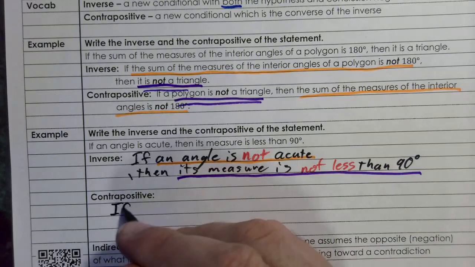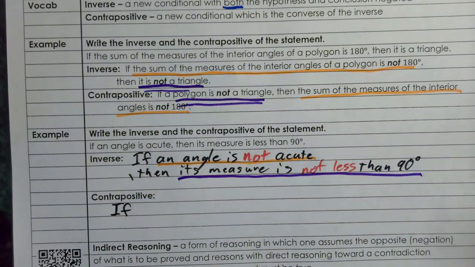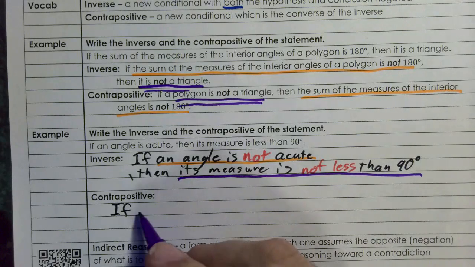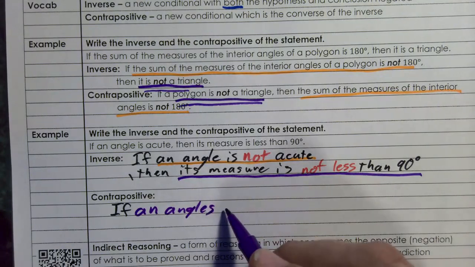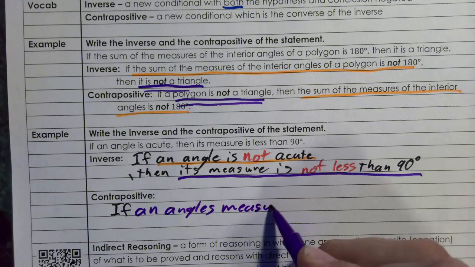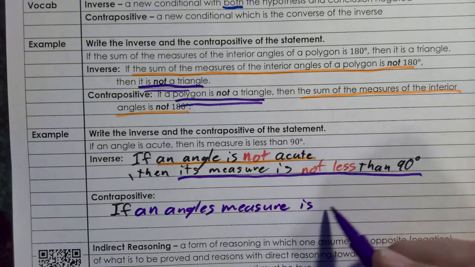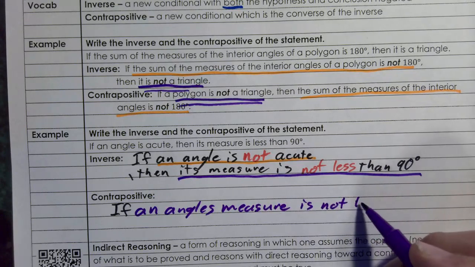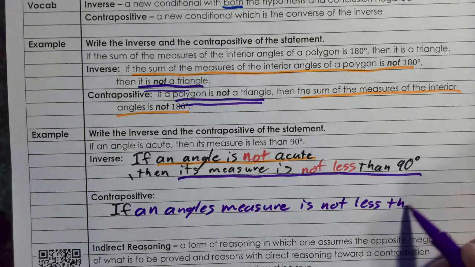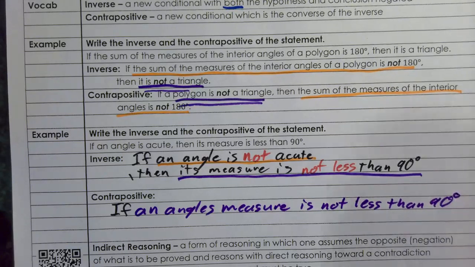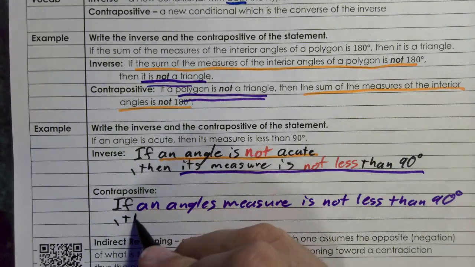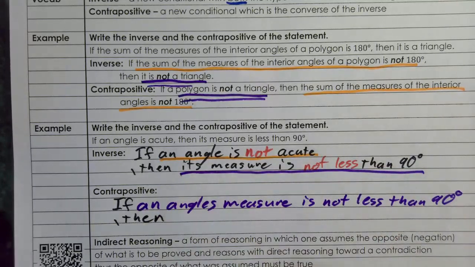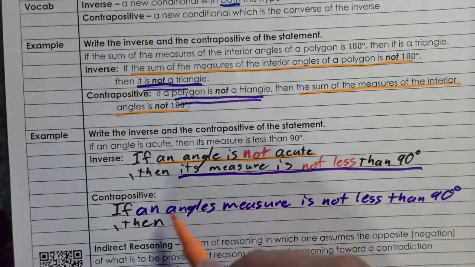So if an angle's measure is not less than 90, then we write the negation of the hypothesis, with that not in there.